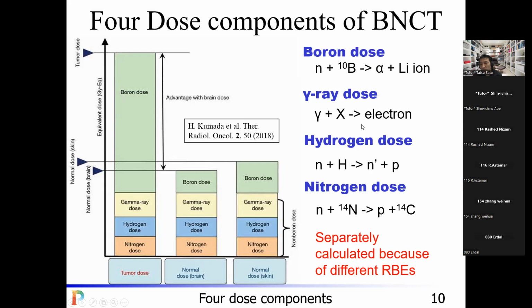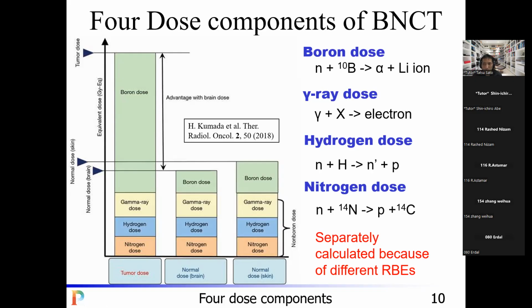And the electron generated by photon has low LET, so the RBE is quite low. Actually, this gamma ray dose is generally used as a reference dose. So RBE is defined as the ratio of the gamma ray dose to those other doses.